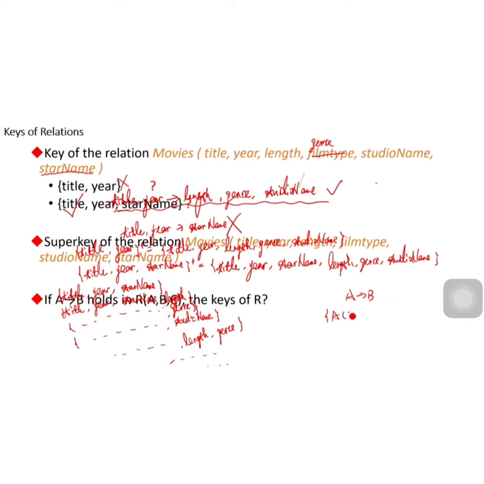You can compute the closure of AC. The base is AC, and because A functionally determines B and A is a subset of the current closure, B is added. Then ABC are all the attributes of R, so AC is the key.